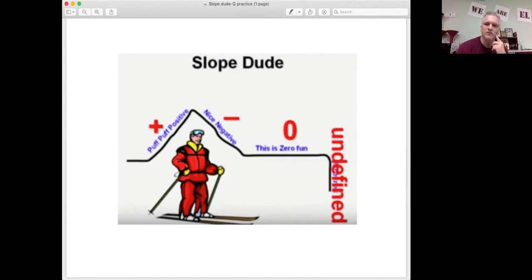And then he has to work cross-country skiing, and he said, this is 0 fun. It's like 0 slope. And then he gets the vertical part and he's toast. And that's undefined. So if you needed a little extra help to memorize those, feel free to use the slope dude.